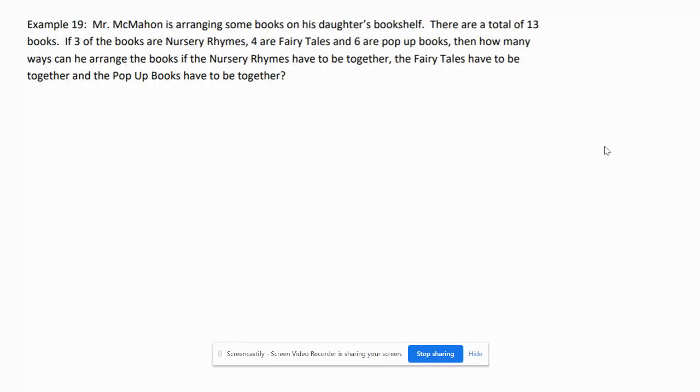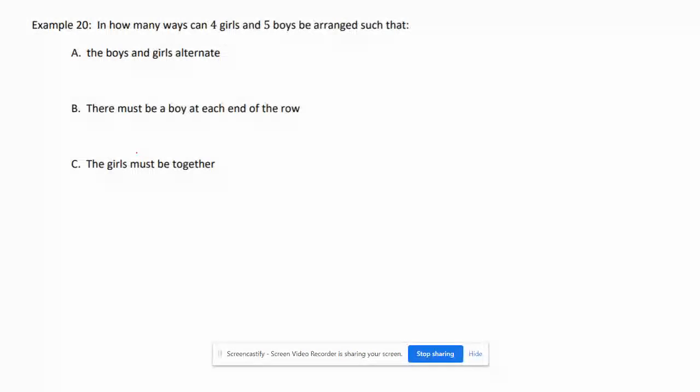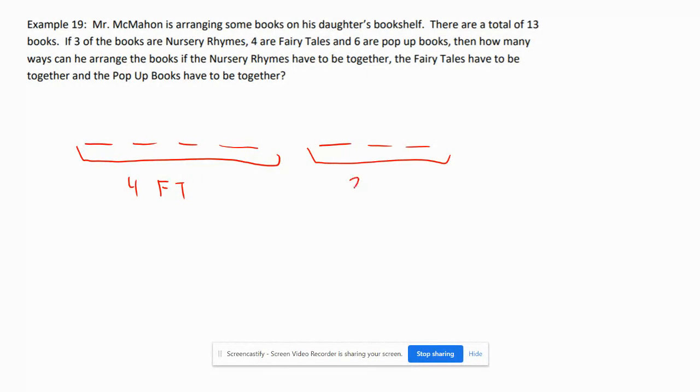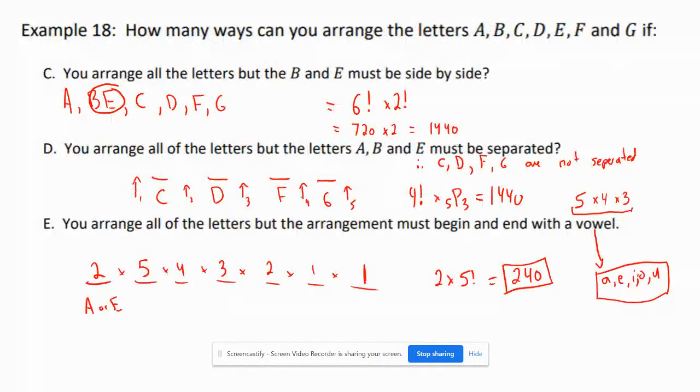Okay, so here's what we're going to do for this. Here are the 4 fairy tales. Sorry guys, I'm going slightly over here, it doesn't really matter. And then we have 3 nursery rhymes. It does not really matter at this point which order I did these in first.